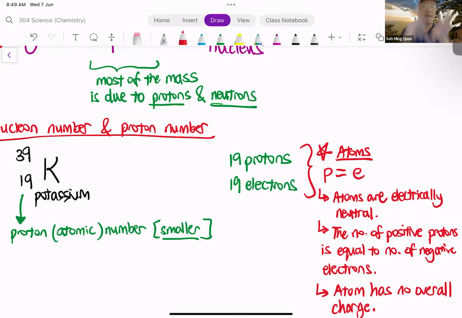The positive balances out the negative because they are the same in number. You can imagine proton is plus, so you have 19 plus. Then electron is minus, so 19 minus. The 19 plus and the 19 minus will balance each other out. That's why we say that there is no overall charge for an atom.